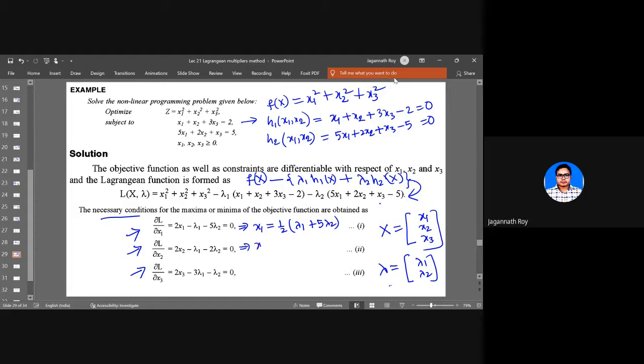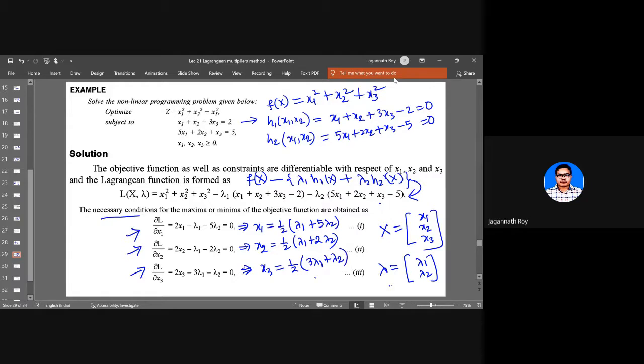From here x2 equals half of lambda 1 plus 2 lambda 2. And from here we get x3 equals half of 3 lambda 1 plus lambda 2.